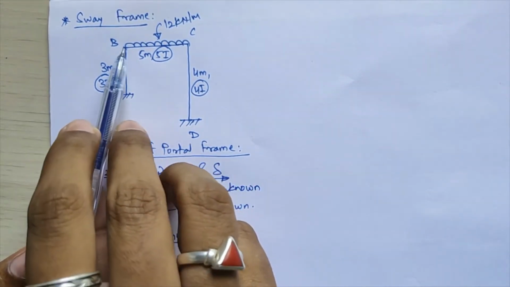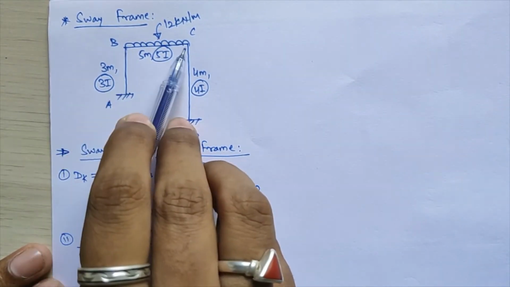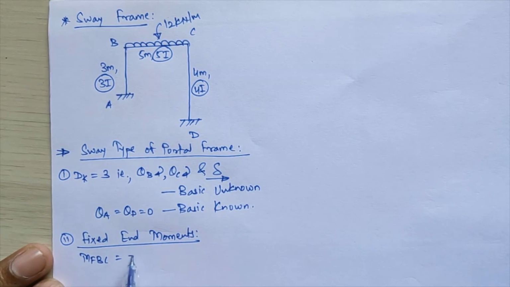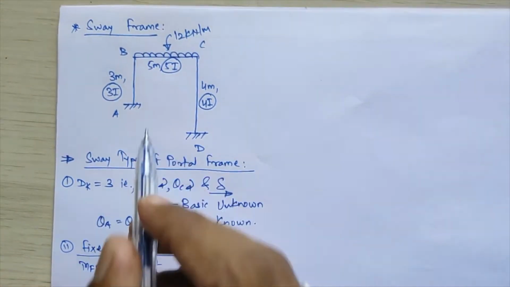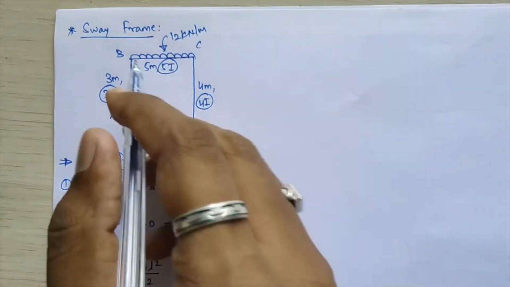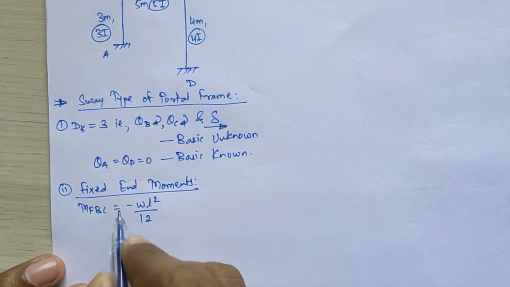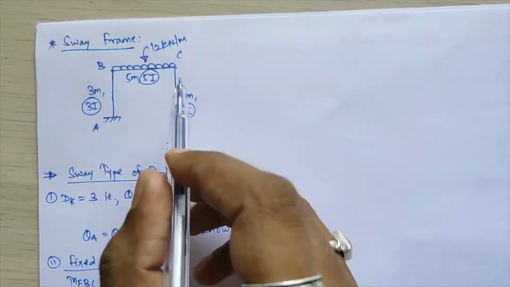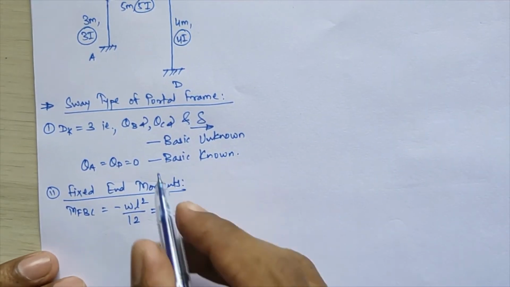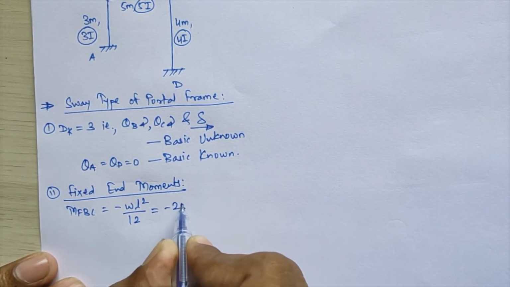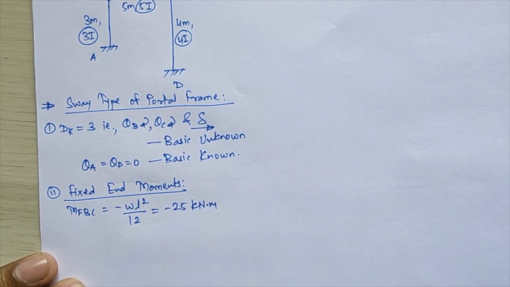We know the load given to you is UDL throughout the span, so this fixed end moment comes equal to minus WL square upon 12. Its restoring moment will be anti-clockwise in nature, that is why I am considering negative here. If you calculate this, W is 12, length of that member is 5, divided by 12, you will get this value equal to minus 25 kilonewton meter.